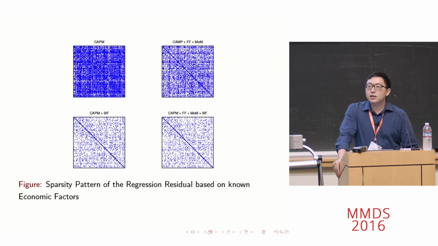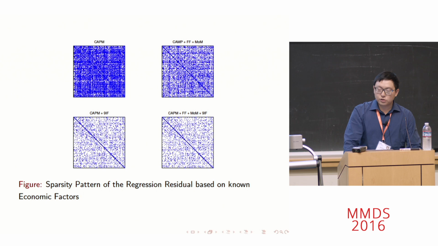So it seems like the asset returns can be decomposed into the part that is explained by the factors and the residual covariance matrix, which is very sparse.